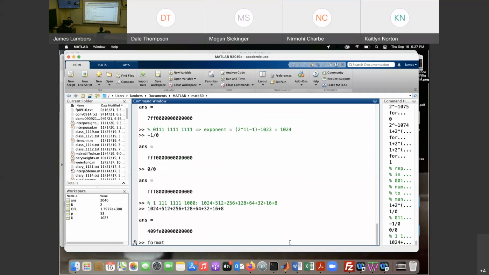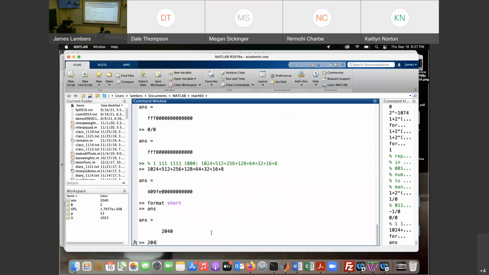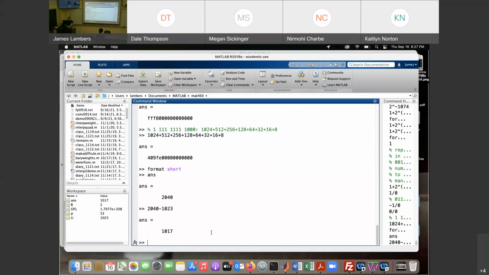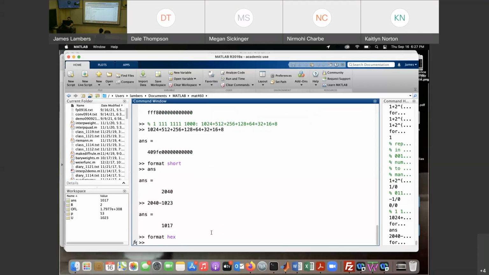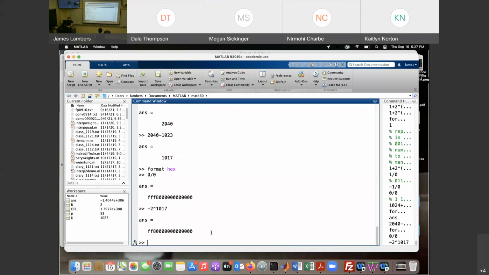Oh, that doesn't help. 2040 minus 1023. The next one, 1017. If I do minus 2 to the 1017, all right, so here's what I had before. Oh, I goofed. Oh, I see why.